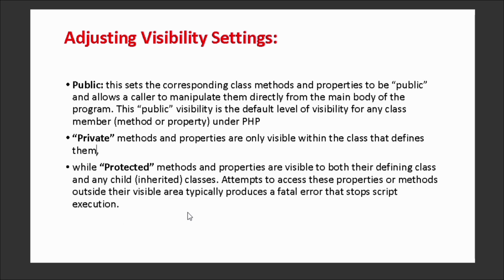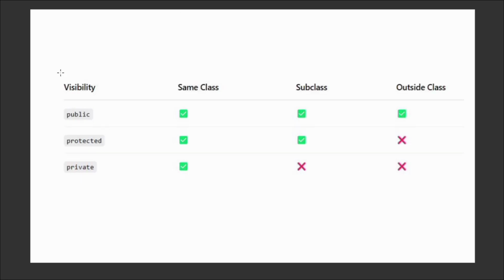Protected is accessible inside the class and its child classes only. Here you can see the visibility public can be accessible to the same class, subclass and outside the class, while protected is accessible to the same class and subclass but not outside the class. Private is only accessible to the same class and it is not accessible to subclass and outside the class.